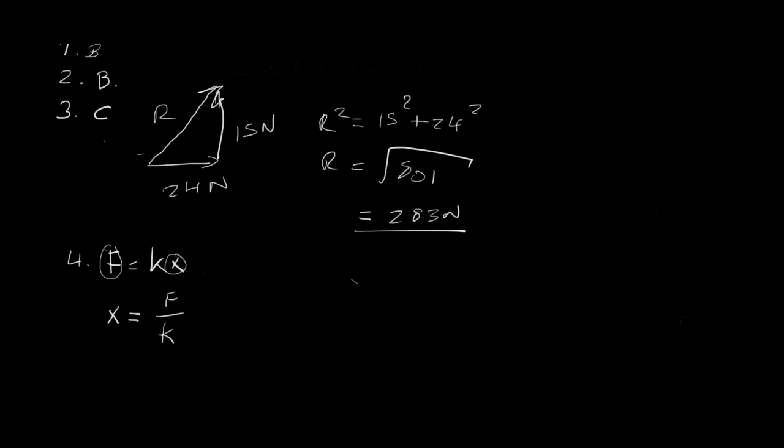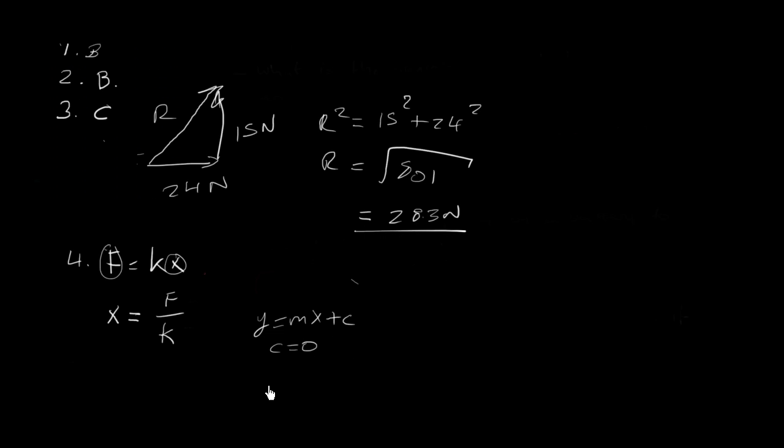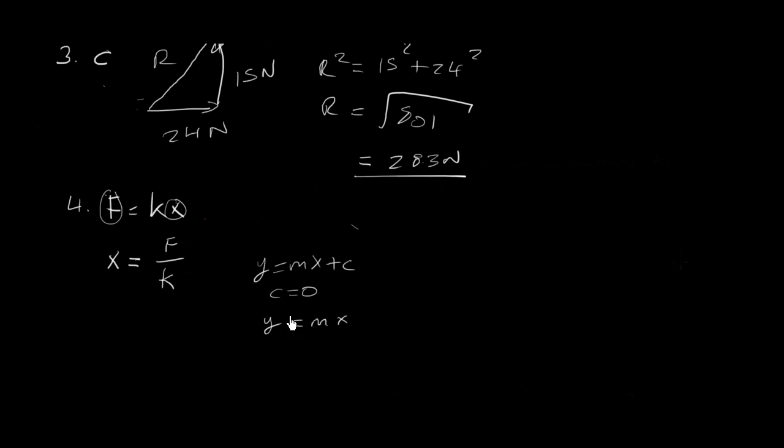the x-axis is the force, it means that the gradient is then, if we write y is equal to mx plus c, with c equal to 0, because the y-intercept is 0, then the equation for a straight line is just y is equal to mx. And here don't confuse this x with the other x, right?